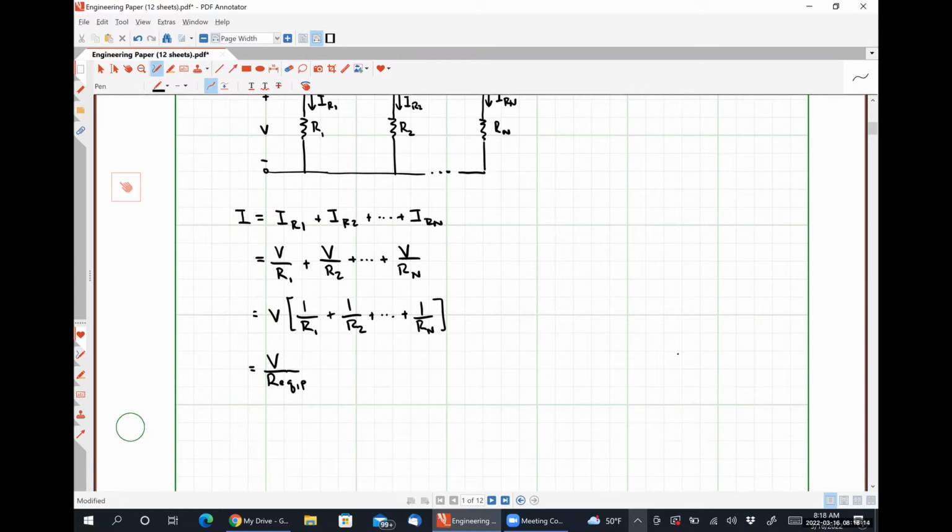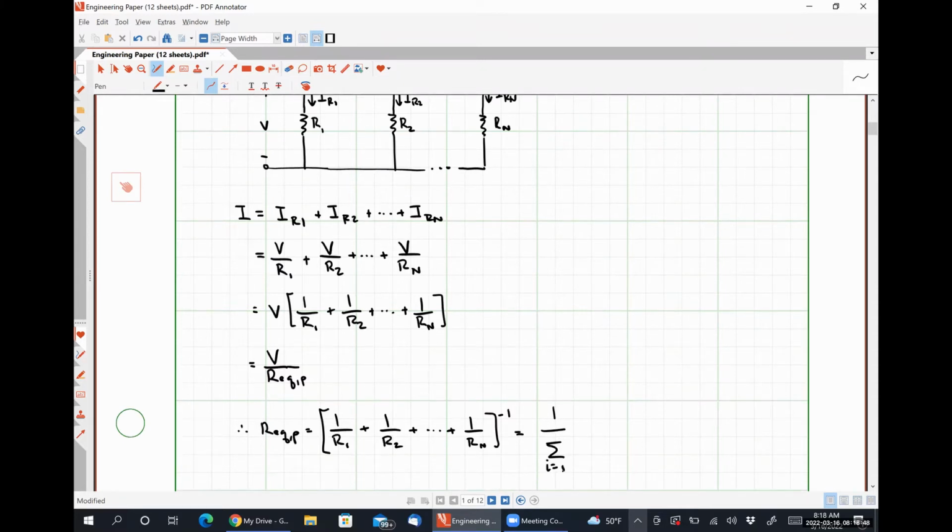From this relationship, we can see that REQ, comma P is 1 over R1 plus 1 over R2 plus 1 over Rn, and the reciprocal of this sum, or in summation notation, 1 divided by the sum from i equal to 1 to n of 1 over R sub i.